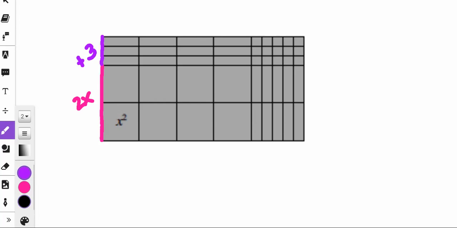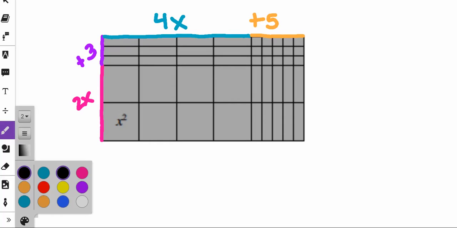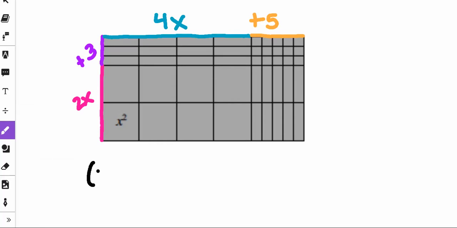Now across the top, each of these lengths is an x. So we've got 1, 2, 3, 4 x. And then each of these is a 1, 2, 3, 4, 5. So plus 5. So when they ask us for areas of product, that's going to be taking the length and the width. So 2x plus 3 times 4x plus 5. That's one way to find the area of this rectangle.